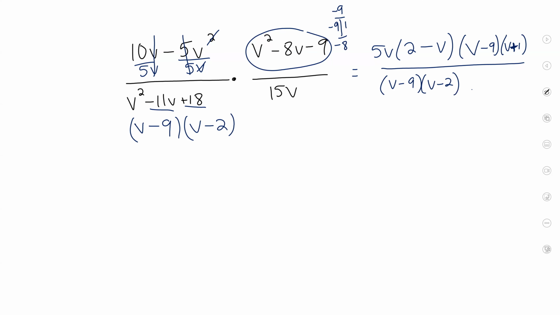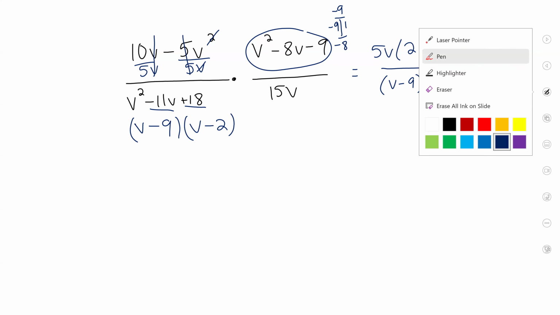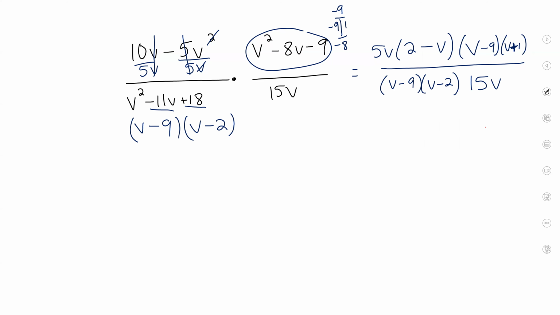Okay, and then I have 15b. So let's see what cancels out. Yep, b minus 9 cancels. This b cancels out with this b. And guys, this is that rule I showed you. Remember, whenever you're subtracting and they just switch, you have 2 minus b and then b minus 2. What is this equal to? -1.